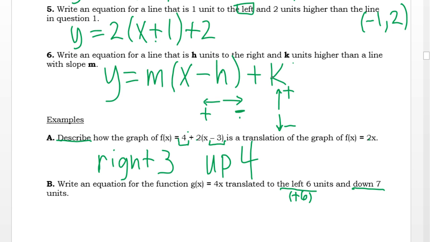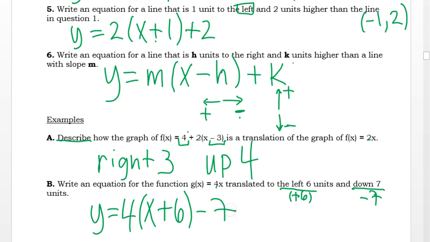If I want to go down, I need to do a minus 7 outside of the parentheses. So my slope is 4. In the parentheses, I need a plus 6. And out of the parentheses, I need a minus 7. So again, we're keeping this format kind of the same. We're subbing in a slope, we're subbing in a horizontal translation, we're subbing in a vertical translation. And that's all there is to it.